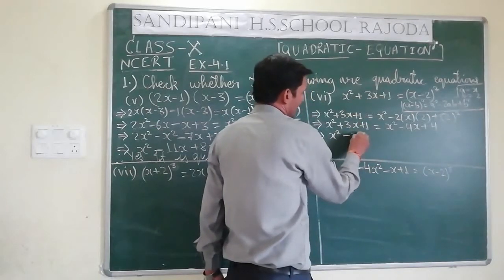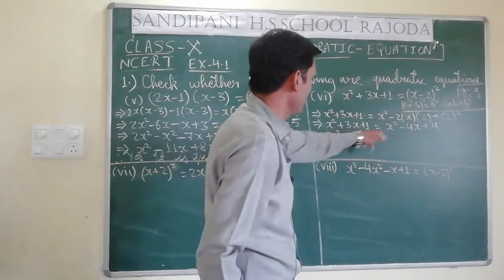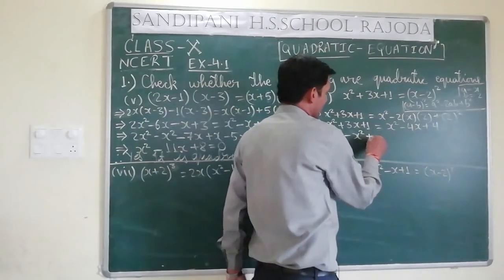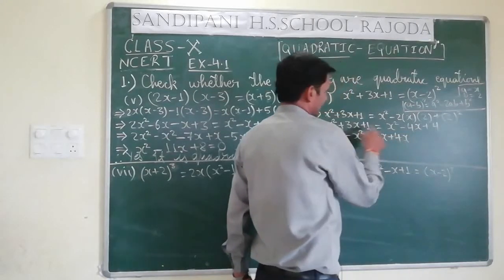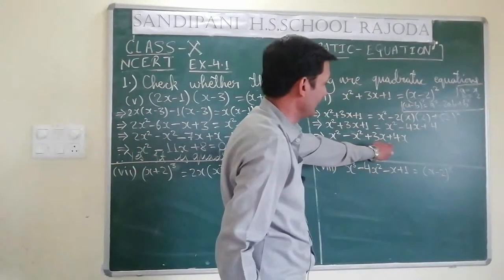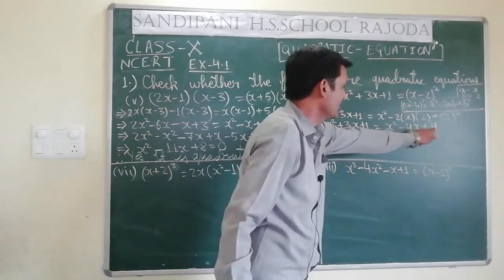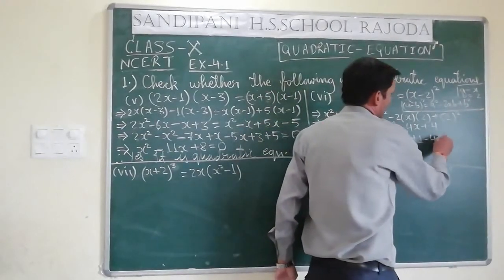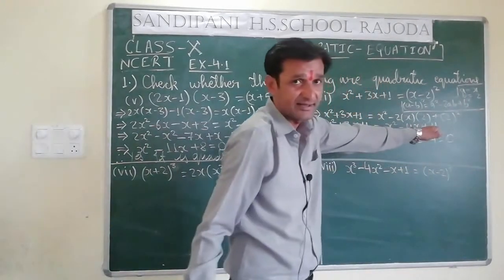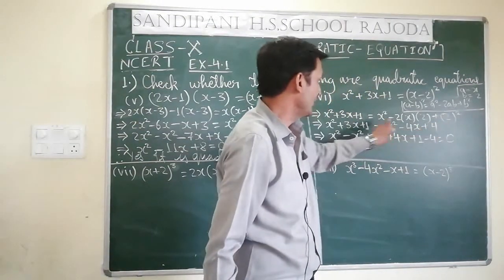The x square terms we are writing: x square minus x square plus 3x plus 4x. This negative sign will become positive here, this positive will become negative, and this plus 1 and this minus 4, so plus 1 minus 4 is equal to 0, because in RHS it is having a positive sign. If it is shifted from RHS to LHS, then it will become negative.